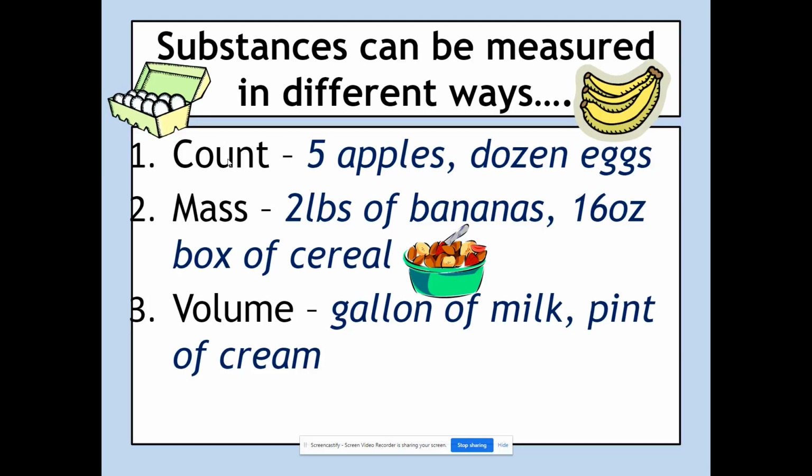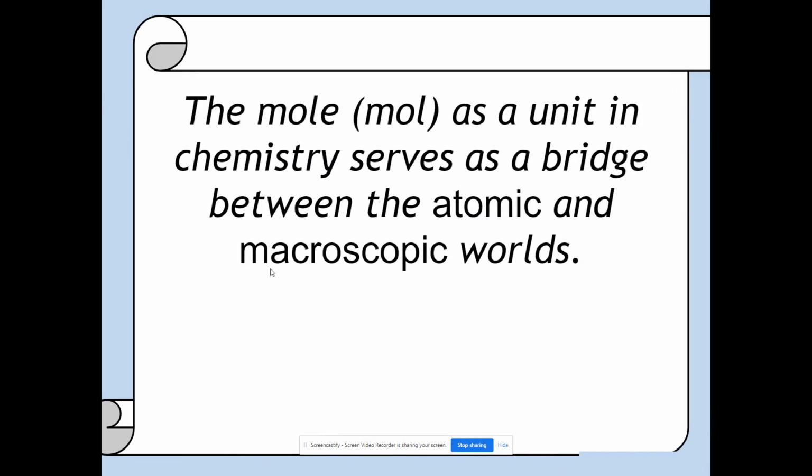So gold is obviously a chemical, but other ways that we can think about it are how many atoms we have, or what is the weight of all the atoms that we have? And then does that substance fit into a container? That's how we're measuring volume. So the mole, as a unit in chemistry, serves as a bridge between the atomic and the macroscopic world.